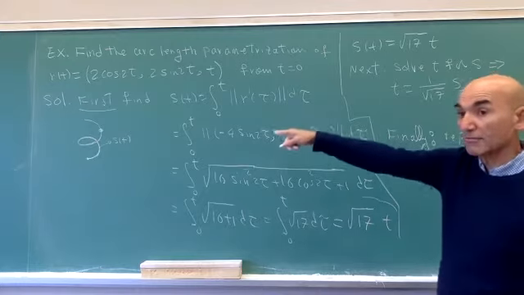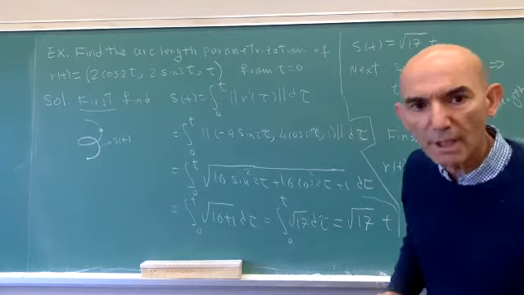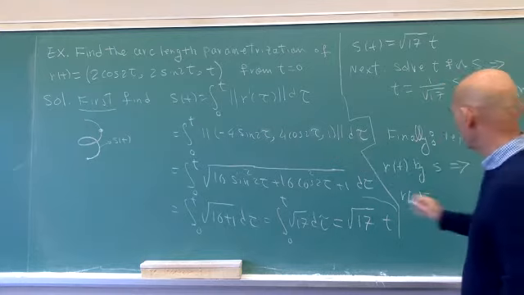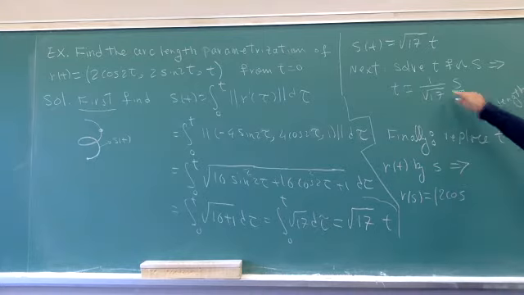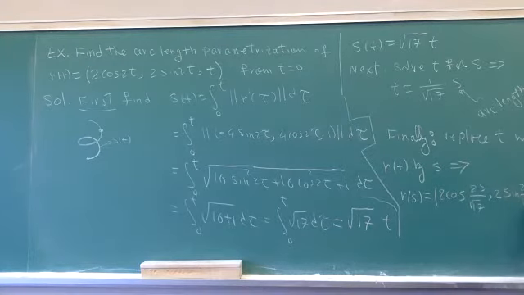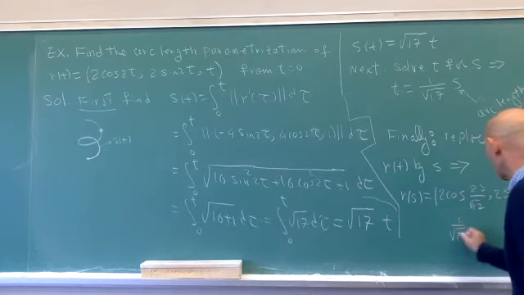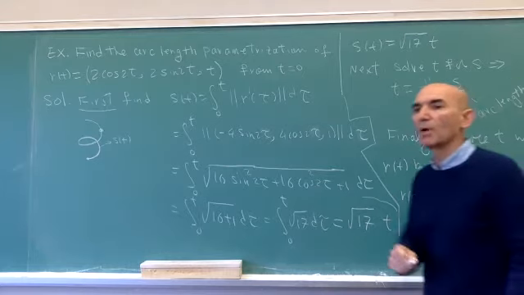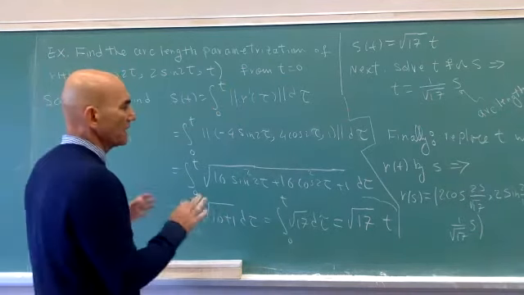So we get r as a function of s equal to 2 cosine of 2t, but t we found, so it's 2s over root 17, 2 sine of 2s over root 17, comma, and t is just s over root 17. This is the arc length parametrization. So we have written everything in terms of arc length.